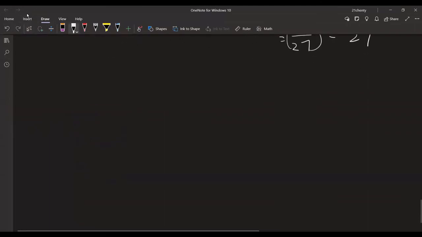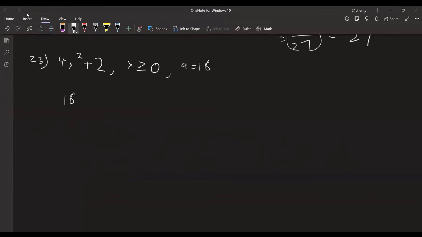And now 23 is the same thing, but this time with this, and a is 18. So we'll just say 18 equals 4x squared plus 2. So 16 equals x squared.